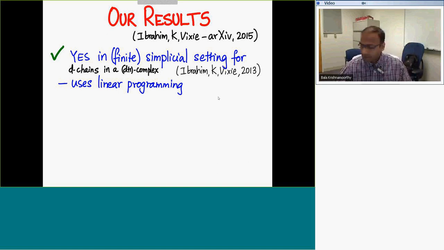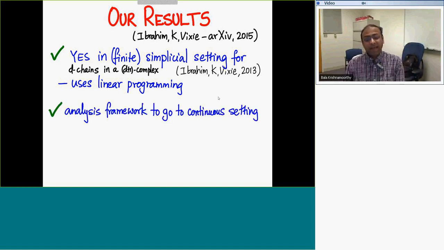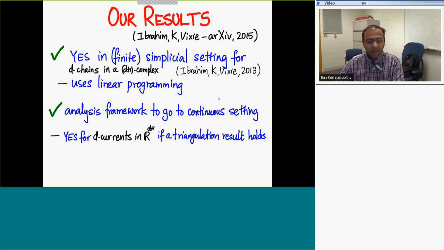What we have done now is develop the analysis framework to take it from the simplicial to the continuous setting. When we started thinking about it, we thought, well, how hard can it be? You have the result for a simplicial complex, so you should take finer and finer subdivisions and get it. It turns out it's not as trivial as we thought, and we don't have a complete answer either.